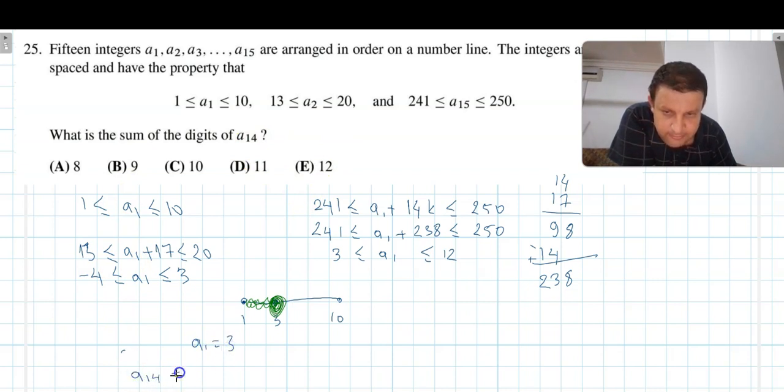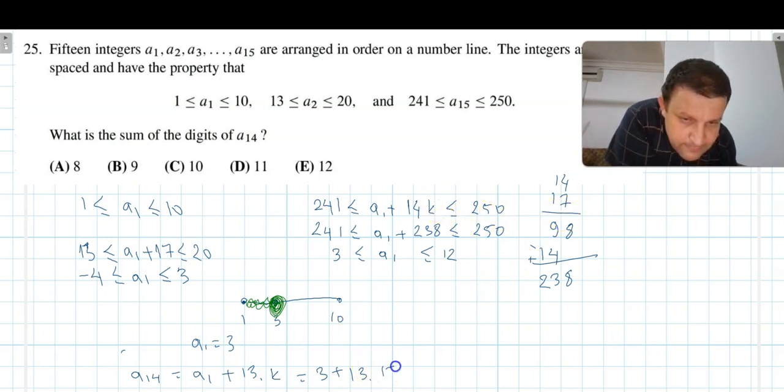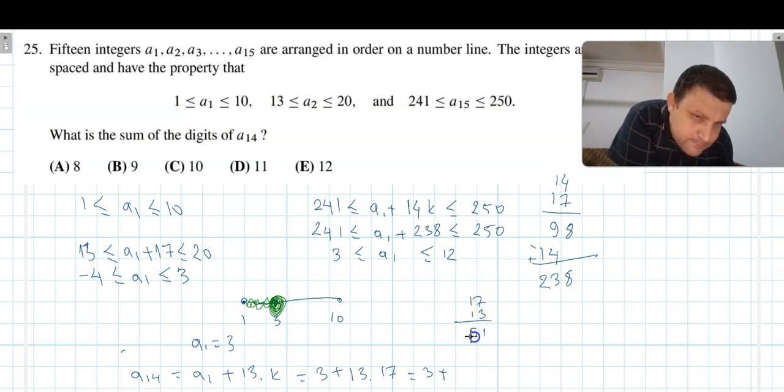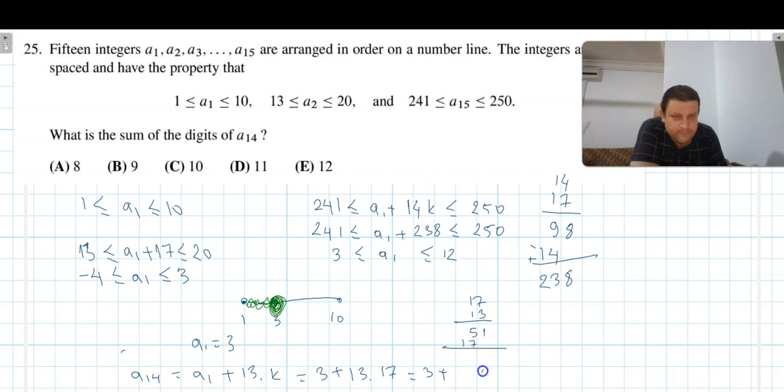A14 equals A1 plus 13K, which is 3 plus 13 times 17. 13 times 17 is 221, plus 3 is 224.